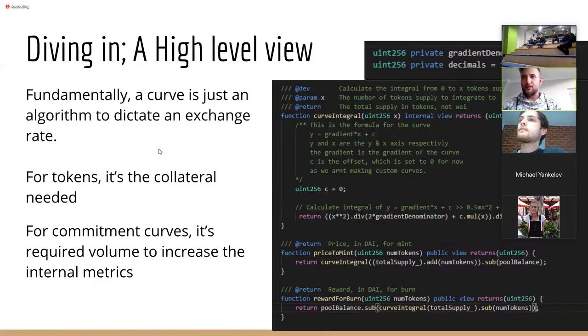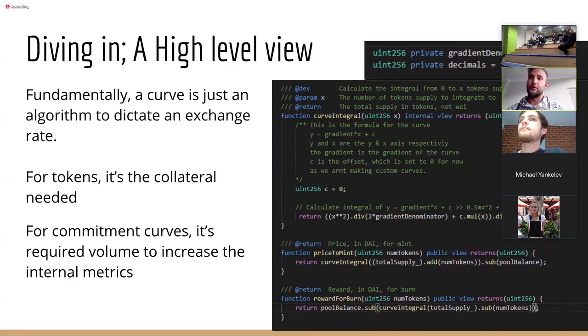But yeah, diving into the nitty-gritty, if you're familiar with ERC20s, then there's the approve, the transferFrom, market cap, those sorts of things. Fundamentally, the only difference is these values you see here. At the top, we have the gradient, and that just specifies the slope.